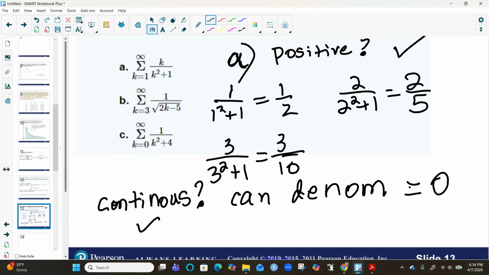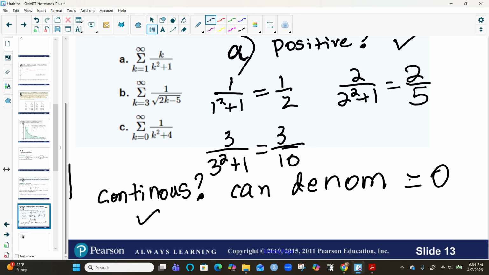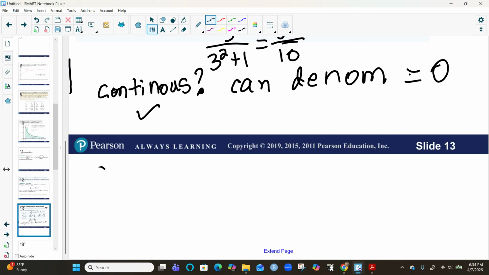Now the last characteristic I need, let me scroll just a little bit, is it has to be decreasing. This can get a little tricky, because if you can't tell what your series is doing, then you have to go back to Calc 1 and perform the first derivative test for decreasing.